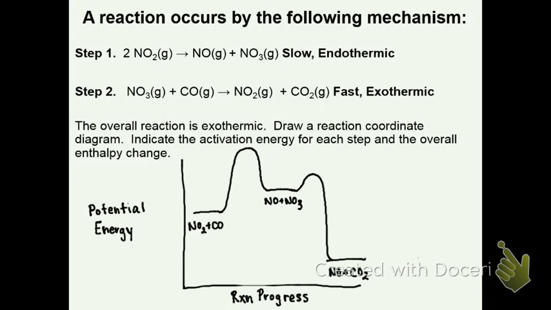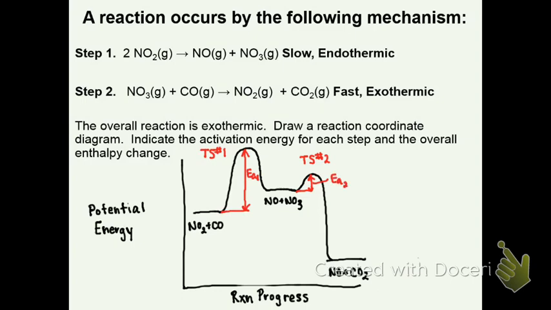At the top of this energy barrier would be the transition state for step 1, and the difference in energy between the reactants and transition state 1 is going to be the activation energy for step 1. And then the next transition state would be number 2, and the difference in energy between those two is the activation energy for step 2.